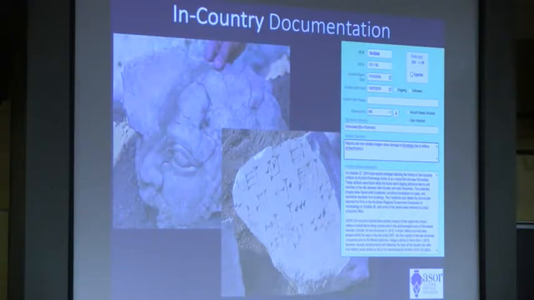For their in-country documentation, they are building up incident reports. So every time someone reports an item of damage, they take a detailed description of the damage, and they have these sorted so they can look at a single site and say, well, we know that this happened in 2014, in March, in April, in June, and go back.